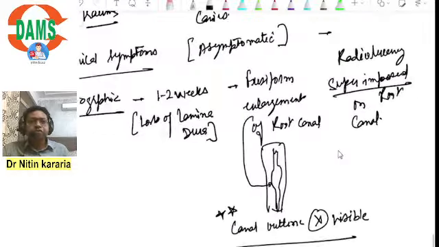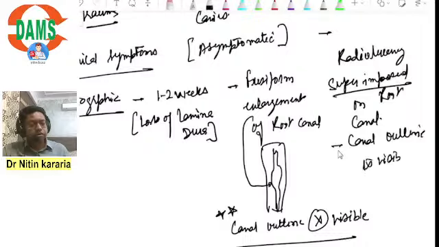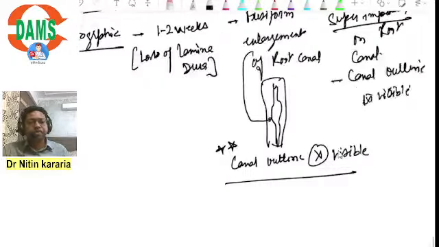Radiolucency superimposed on the root canal means the canal outline is visible through the defect. So this is the main difference between internal and external cervical resorption in their radiographic appearance. The canal outline is visible with external cervical resorption and not visible with internal root resorption.